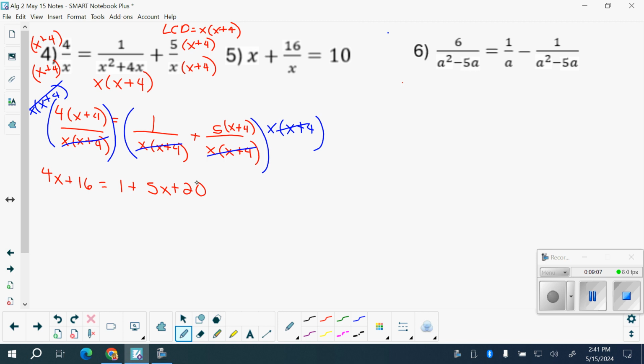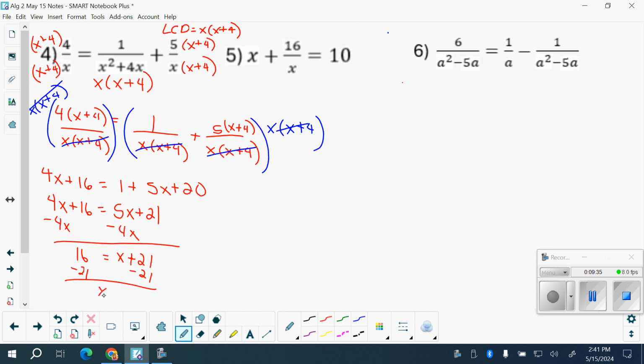We've got some like terms on one side, don't we? We want to add those together first. So 4x plus 16 equals 5x plus 21. And then what next? Subtract 4x. Get our x's on one side and the numbers on the other. And we get negative 5.